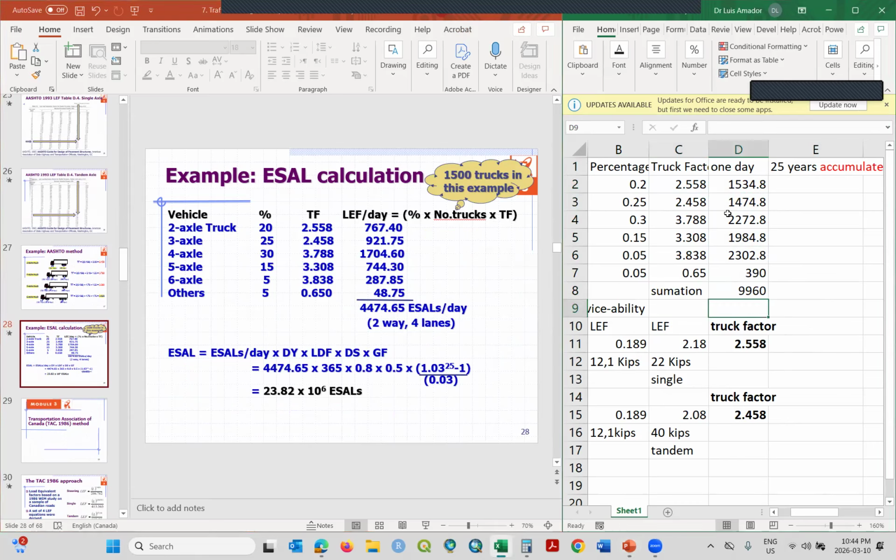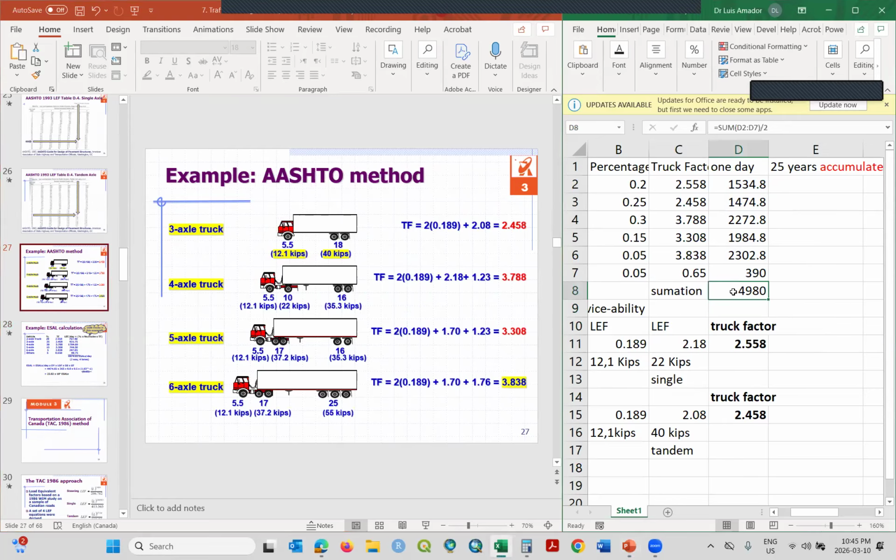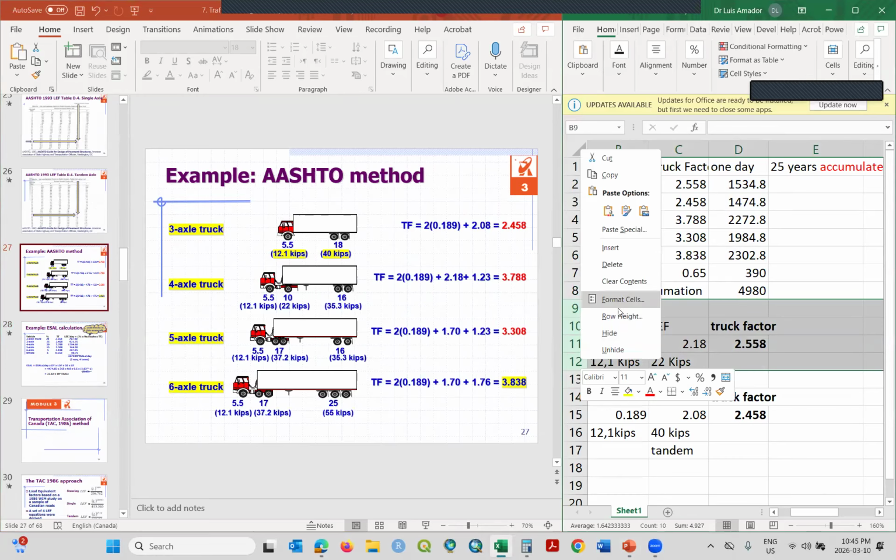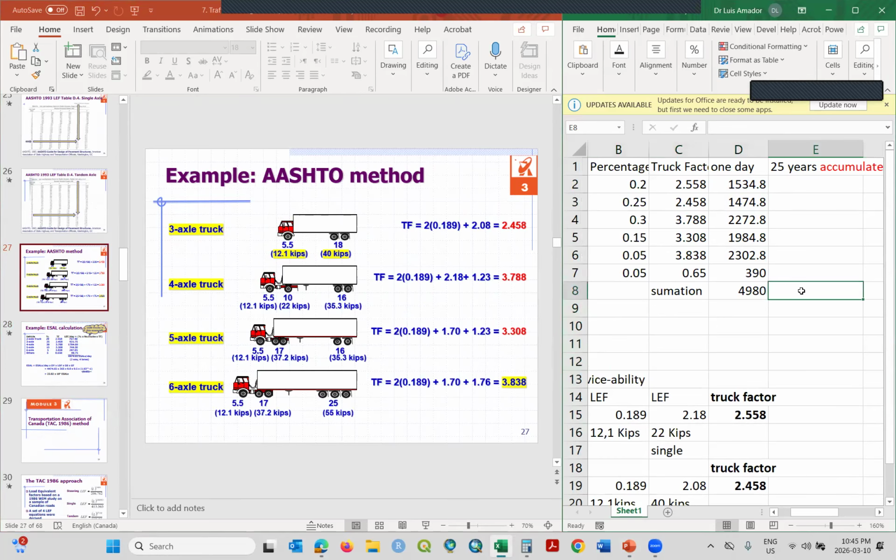Oh, yeah, sorry. I forgot to divide this by 2 because I have this in one direction. And now I want to get this. This is damage in 1 day from all trucks.